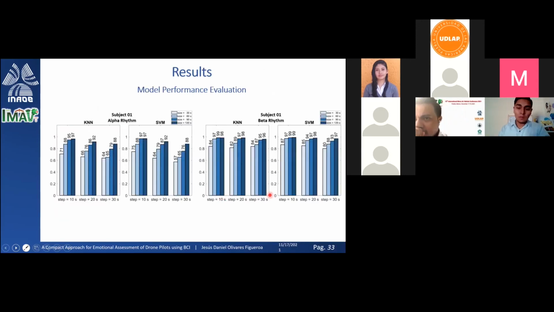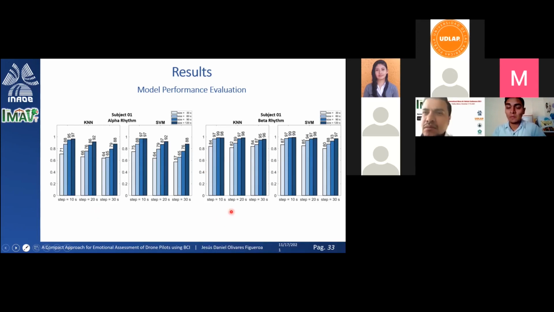This result corresponds to the best average obtained from the four metrics. It is observed for all subjects that regardless of the window step considered, the results tend to improve as the window size increases, as you can see here.